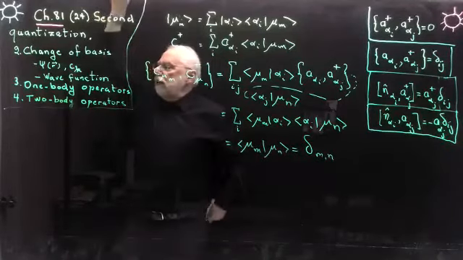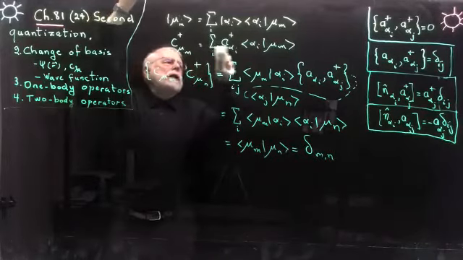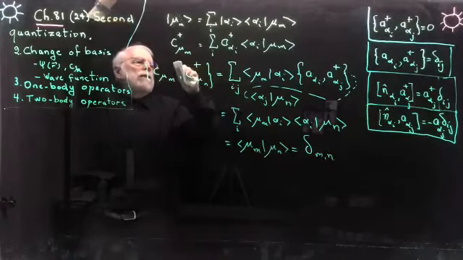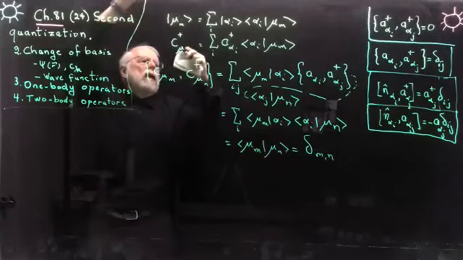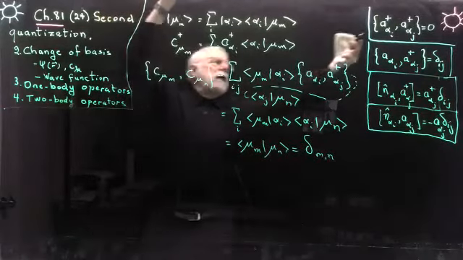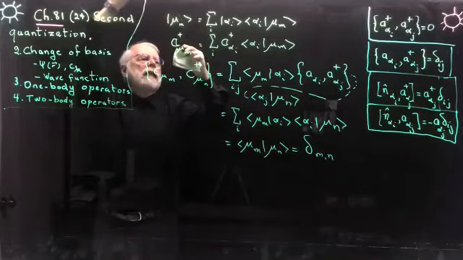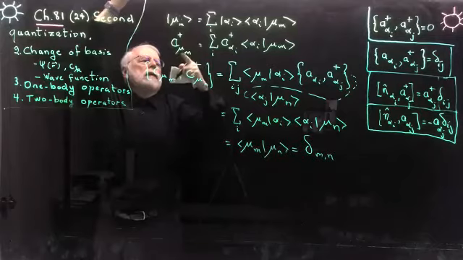Now there's one thing that is clear here. It's that this notation is redundant in the sense that here I had defined this as a creation operator, so perhaps I should have written this as A mu m, like creating in a state mu m.